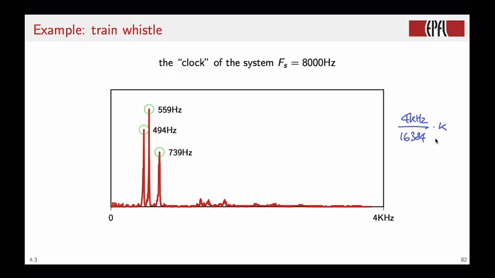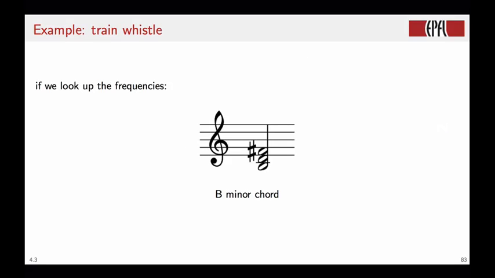And with this rule, we find that the peaks take place at 494 Hz, 559 Hz, 739 Hz, and if we look up what these frequencies correspond to in the standard Western scale, we find that the whistle is a simple B minor chord.